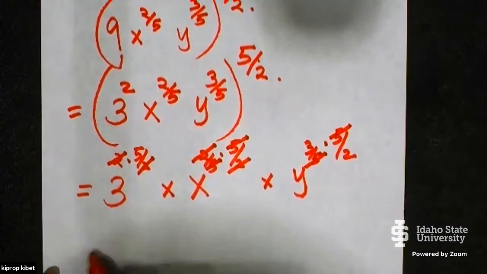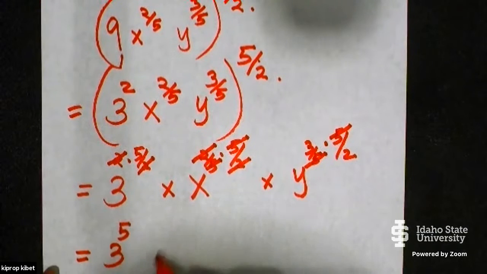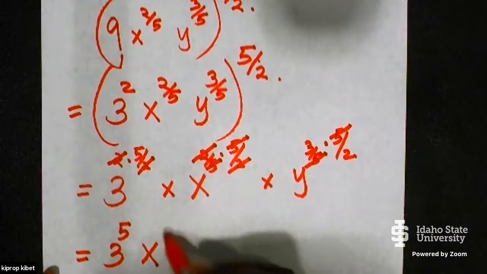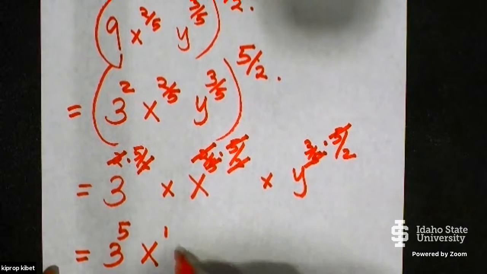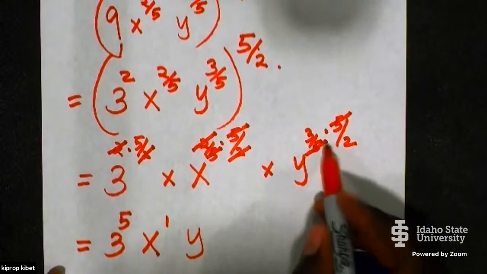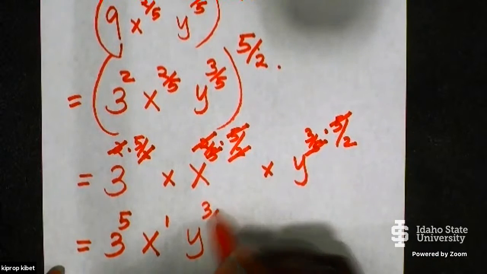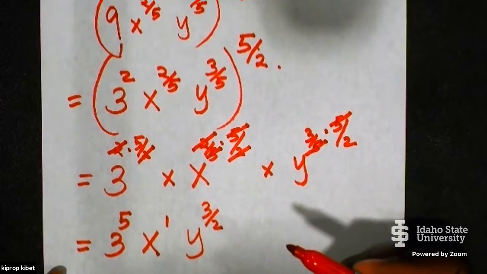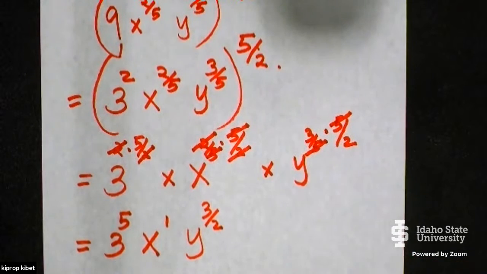So what do we remain with? 3 raised to what? 5. X raised to what? This is 1, right? And then y raised to 3 all over 2.